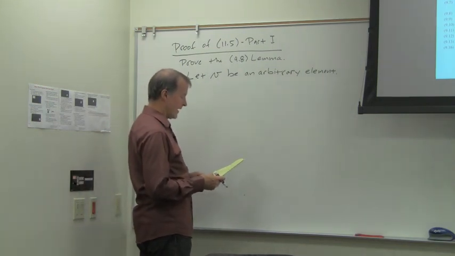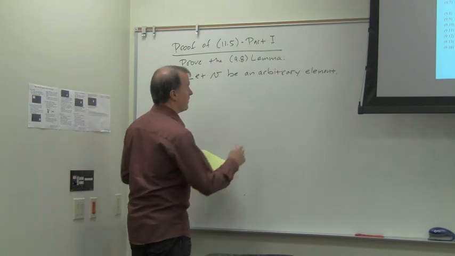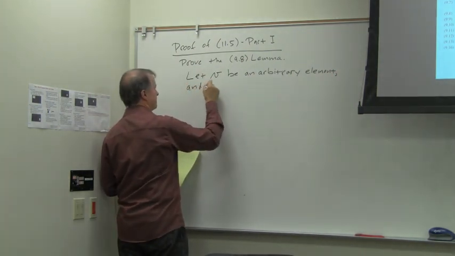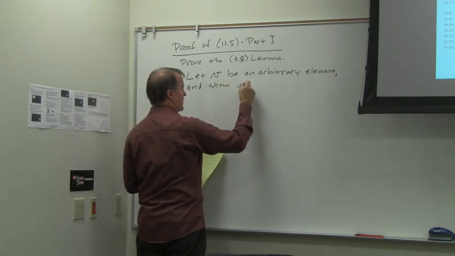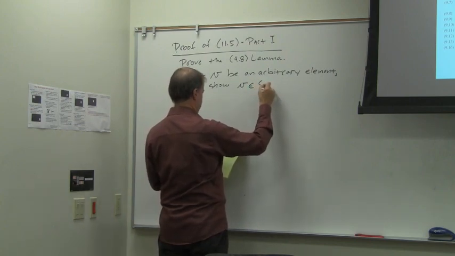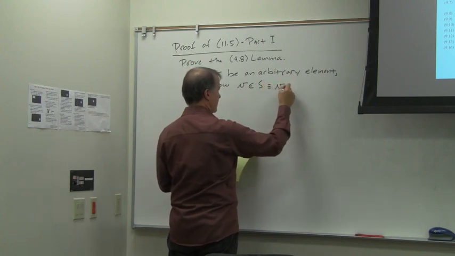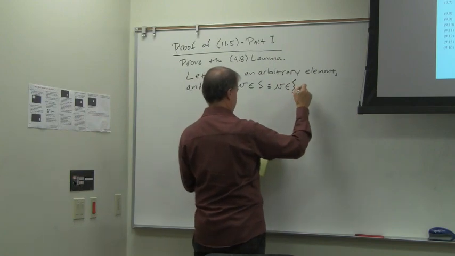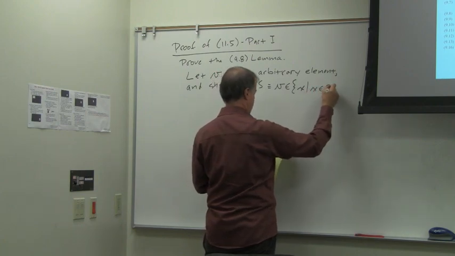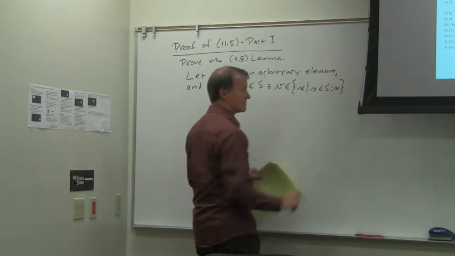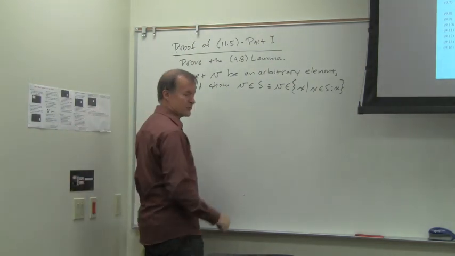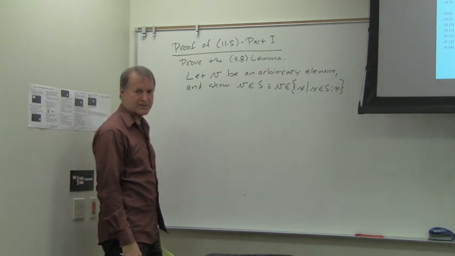Here's what we're going to do. Let V be an arbitrary element, and show that V is an element of S equivalence V is an element of the set X, range X is an element of S, body X. Is everybody clear what this step is?